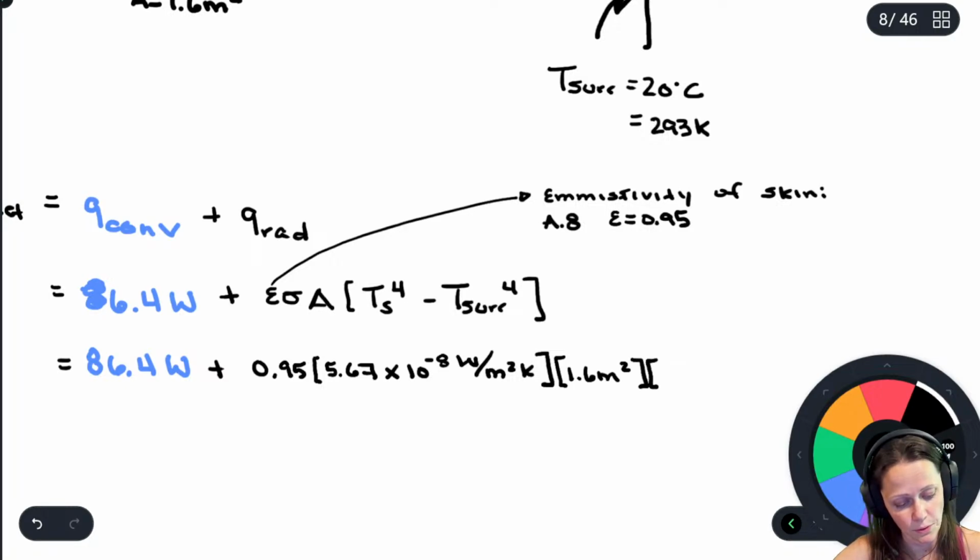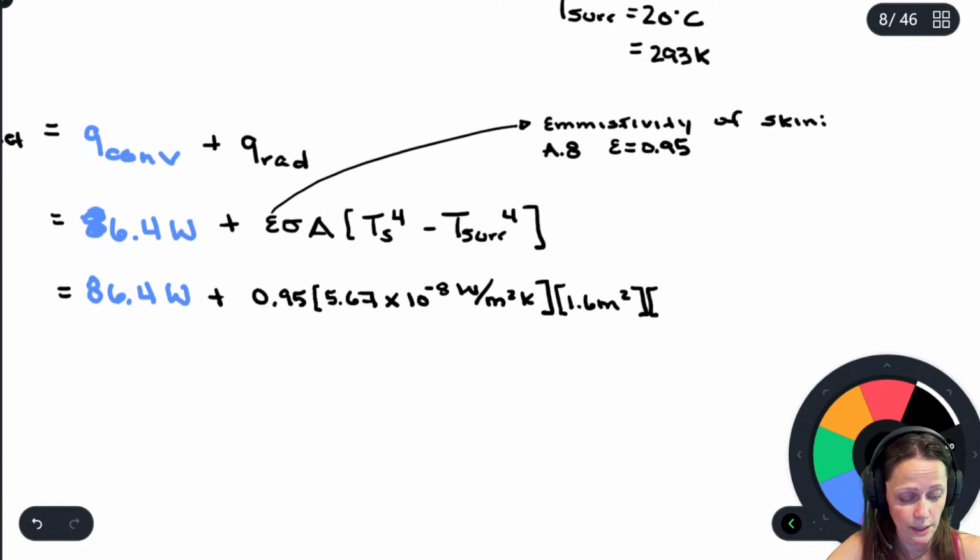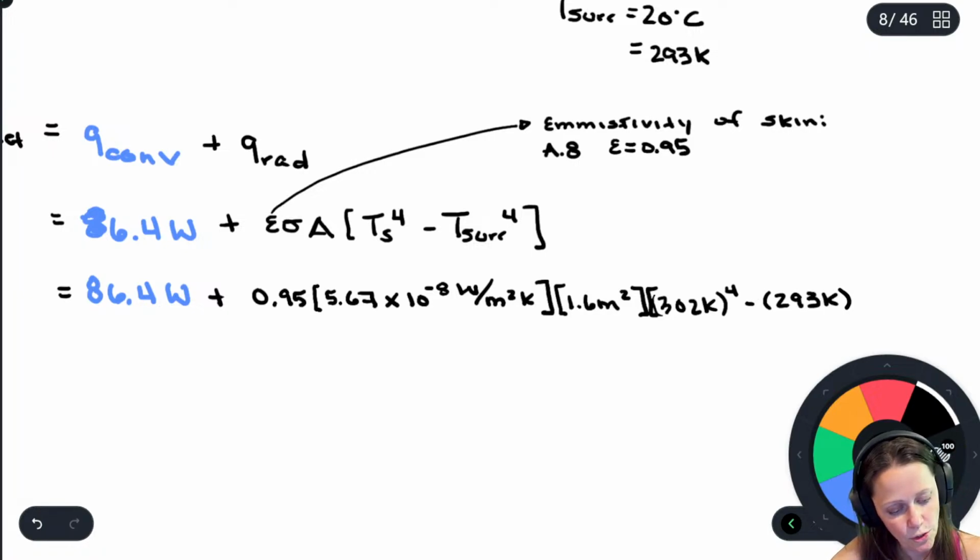And then we've got those two temperatures. So surface temperature of the person was 29 degrees Celsius or 302 Kelvin. That was raised to the fourth, minus the T of the surroundings, 293 Kelvin, raised to the fourth. Whew, that was a lot.